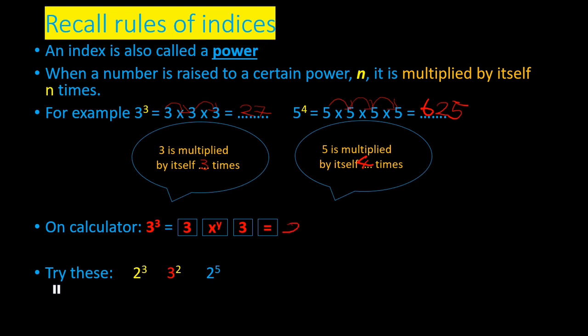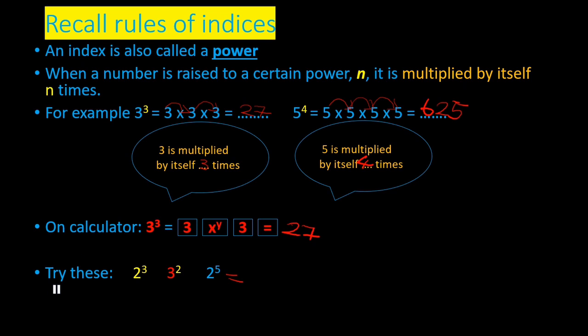Now you can try these ones. 2 to the power 3, which means 2 times 2 times 2. Or 3 to the power 2, which means 3 times 3. Or 2 to the power 5, meaning that 2 is going to be multiplied by itself 5 times. So I'm just going to do this one. You can pause the video here and solve these ones so that you can see if you've been following along nicely with us.